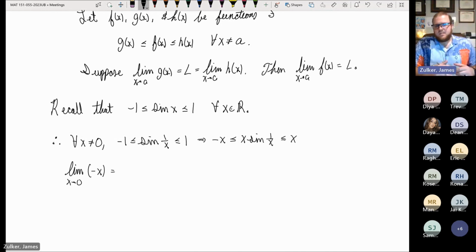The limit as x approaches 0 of -x. Well, that's simple, right? That's just 0. But isn't that also the limit of x as x approaches 0?